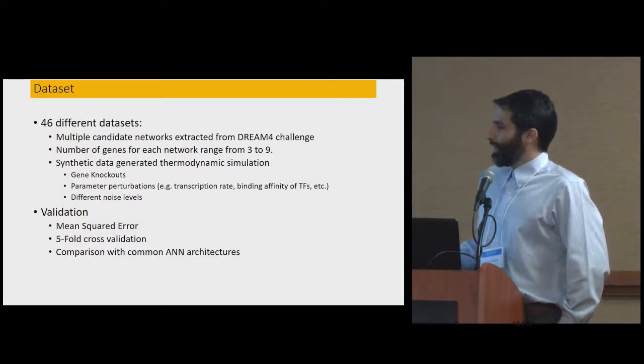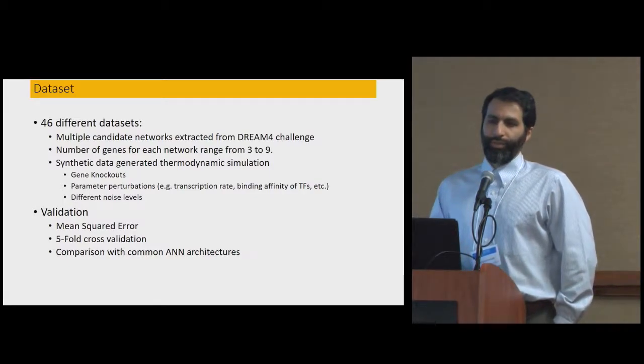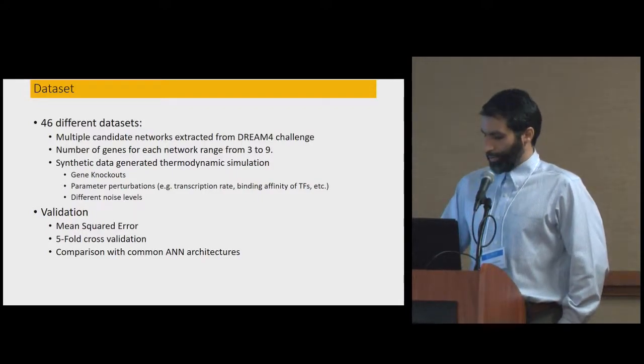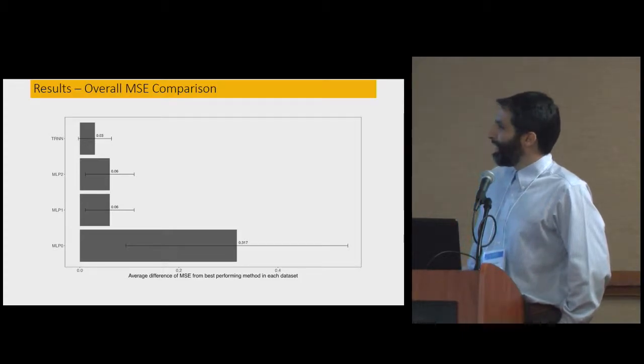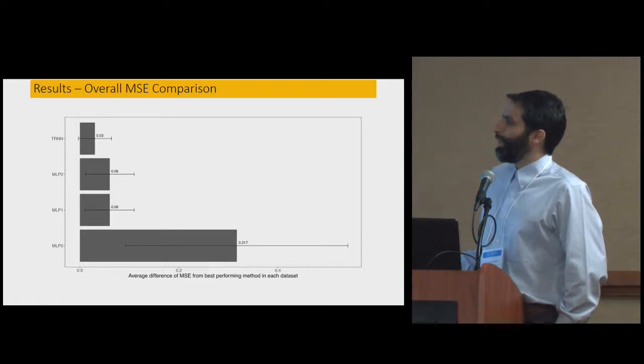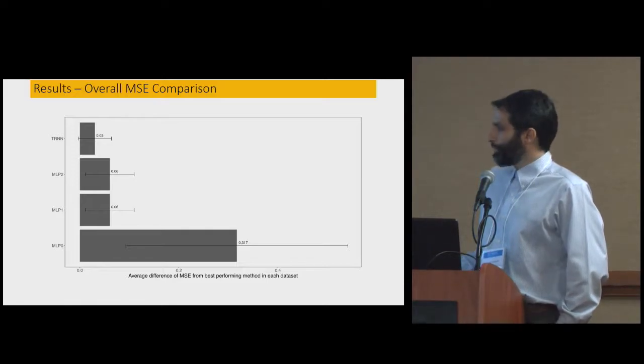As the initial point, we compare with various common neural network architectures. In this case, we use feed-forward neural networks. And initial results give us some confidence that this is a good approach, where when we compare amongst all of the data sets, when you compare any given method with the best method on that data set, we perform better than the common architectures.